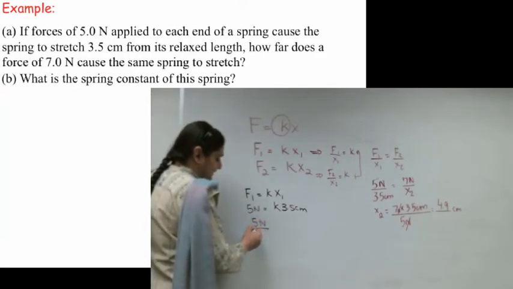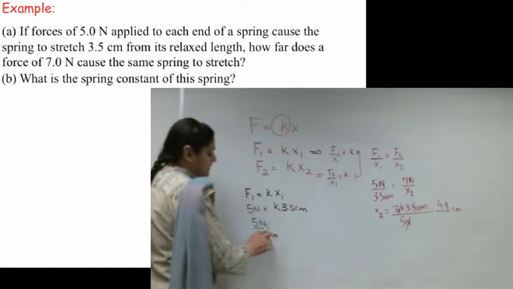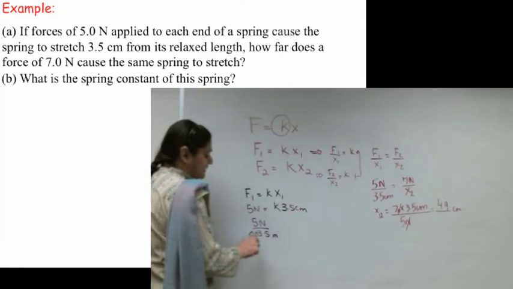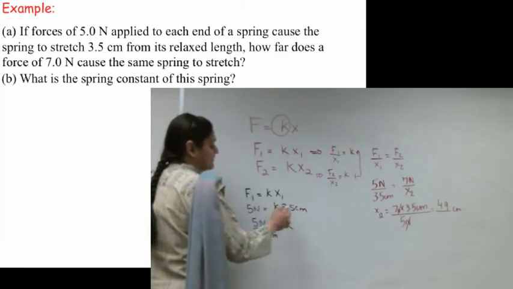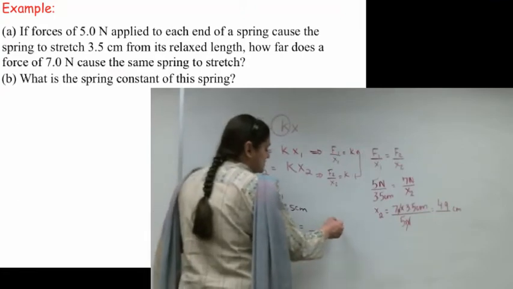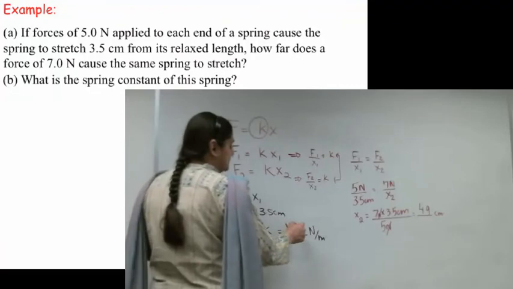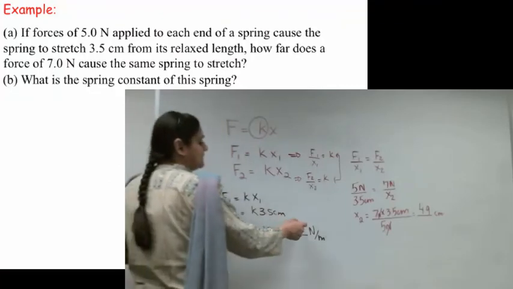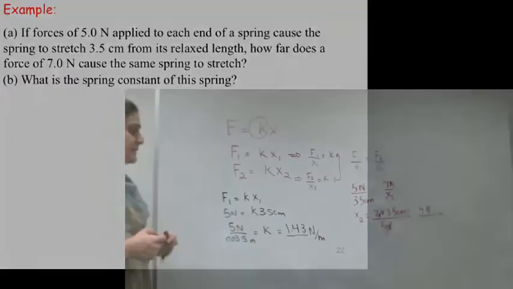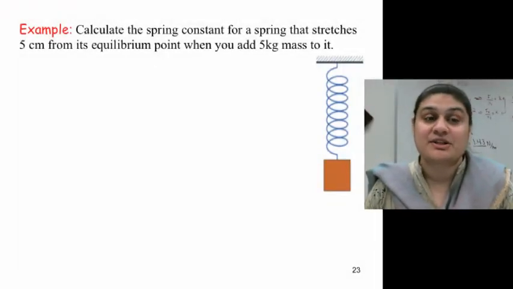If I convert it to meters, it will be 0.035, and that should come up with a value of k. The value of k for this problem will be in newtons per meter, and my answer comes out to be 1.43 maybe, newtons per meter.